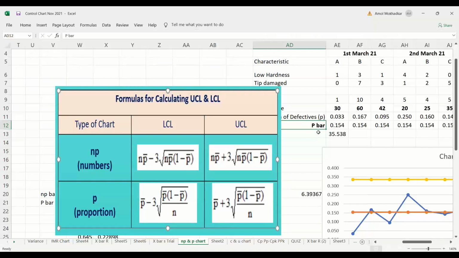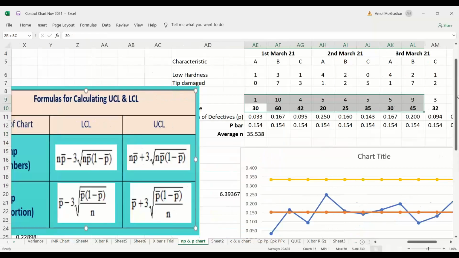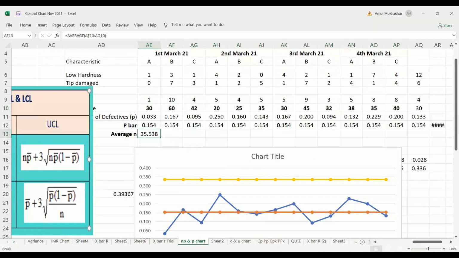Then you calculate the average number of samples, meaning how many samples you tested every day. You take the average of that, and this average is 35.53.